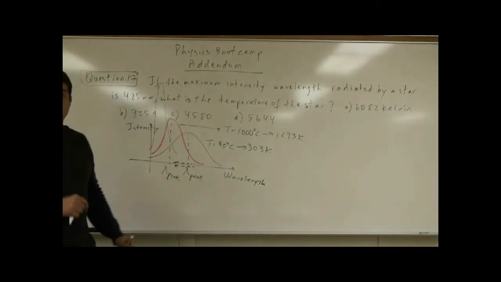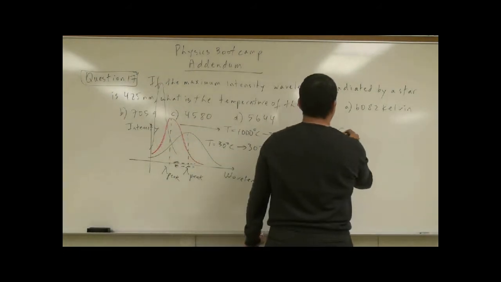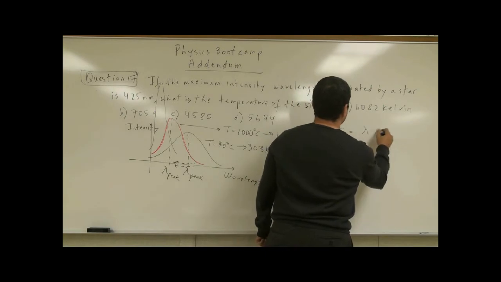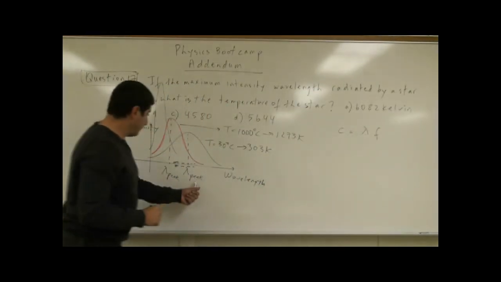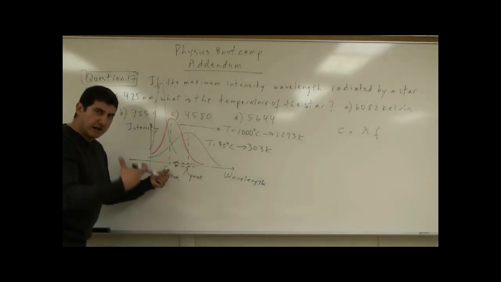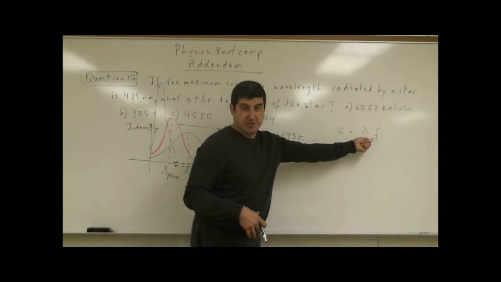Remember what we talked about before, the velocity of an electromagnetic wave, which is the speed of light, is equal to its wavelength times its frequency. When the peak wavelength is decreasing, what does that mean? That means the radiation that the object is emitting is becoming higher frequency, right?